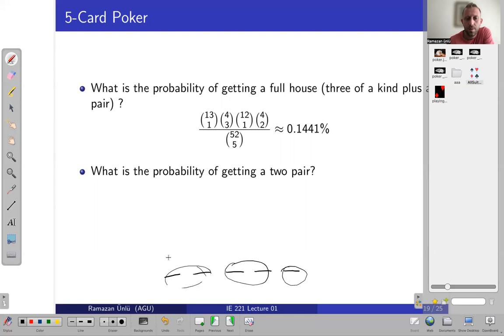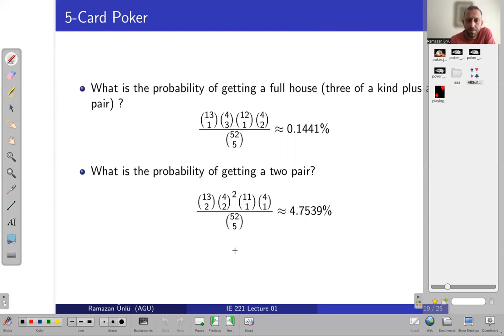For example, 7, 7, 8, 8, and king, or 10, 10, king, king, and queen. All these satisfy the 2 pair condition.